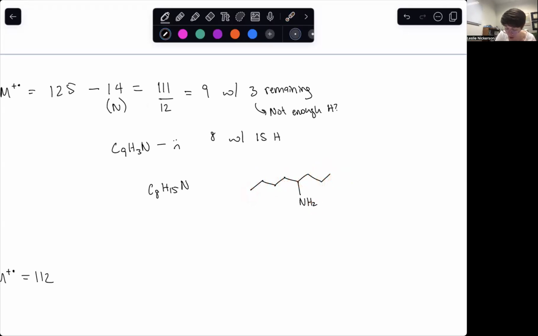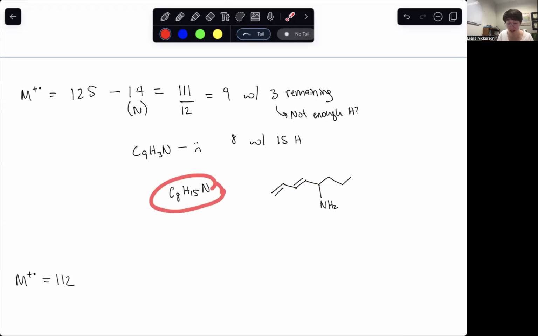So we need to take away some hydrogens here. So let's add a few double bonds. So now I've got 2, 4, 5, 6, 8, 10, 12, 15. Okay, this is looking like a pretty reasonable structure. I'm not too worried about that. Okay, so that's looking like a pretty decent formula for this mass.